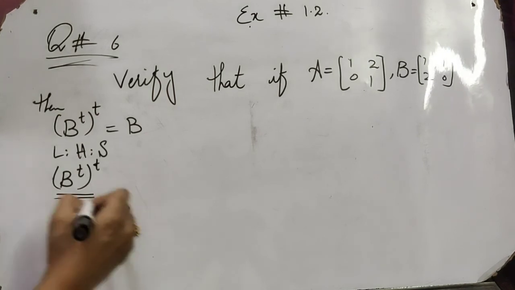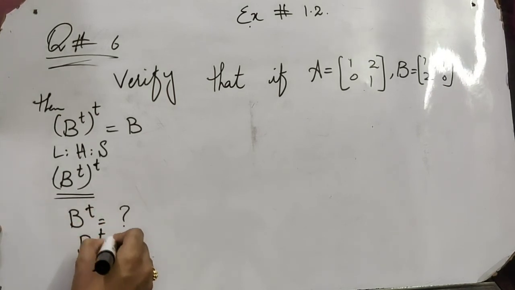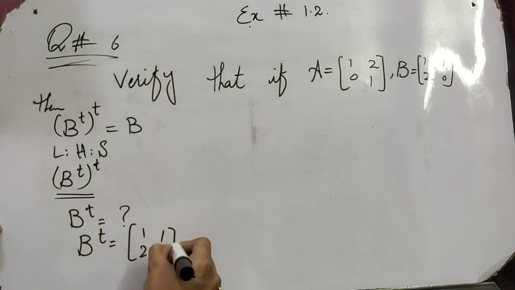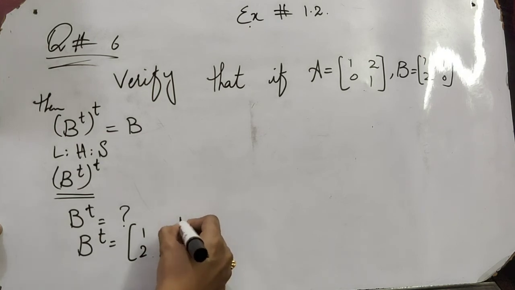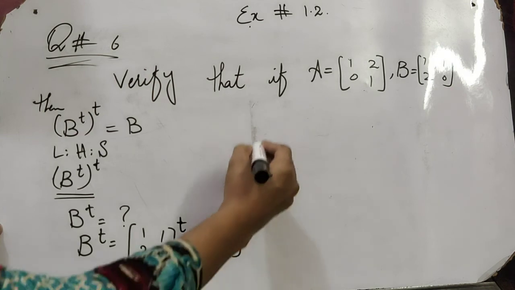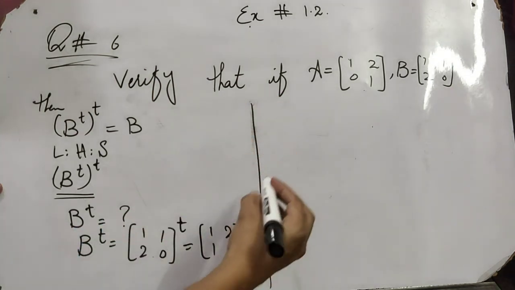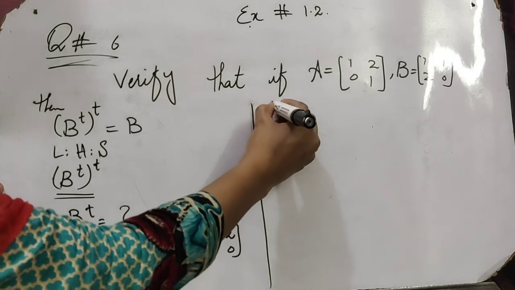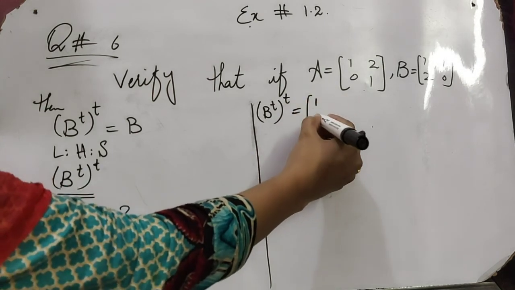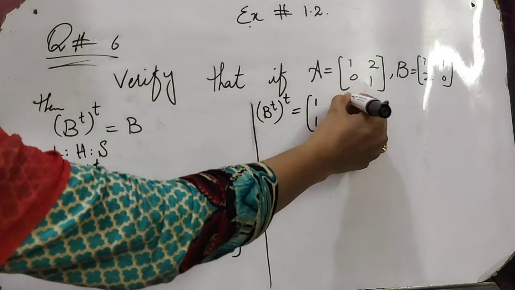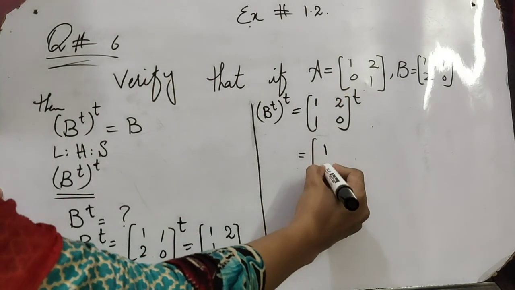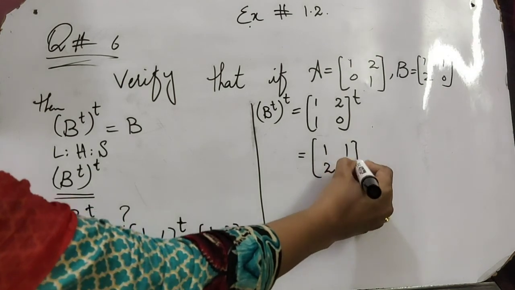First we find B transpose, which will be equal to 1, 2, 1 and 0 transpose, which is equal to 1, 1, 2, 0. So now we find the transpose of B transpose, which is equal to 1, 1, 2 and 0 transpose, which is equal to 1, 2, 1 and 0.